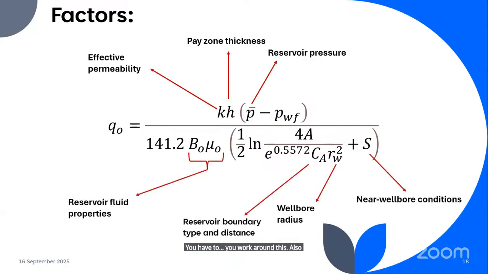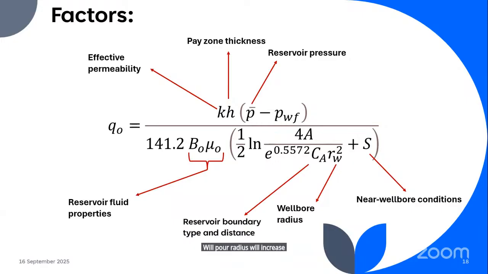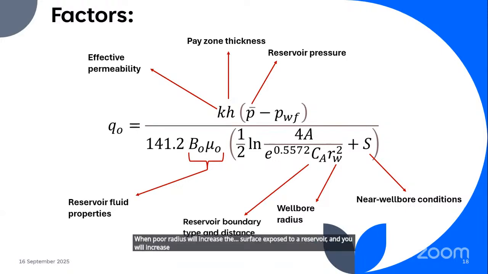Also, the reservoir fluid properties, the Bo and mu o, the viscosity of the oil or gas you produce. Finally, the reservoir boundary. Is this reservoir huge, or is it tight and small? The radius of the wellbore also affects the production, because as you increase the wellbore radius, you increase the surface exposed to the reservoir and you will increase your production.